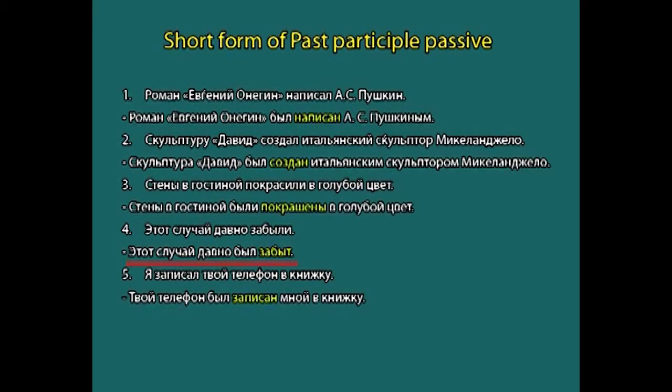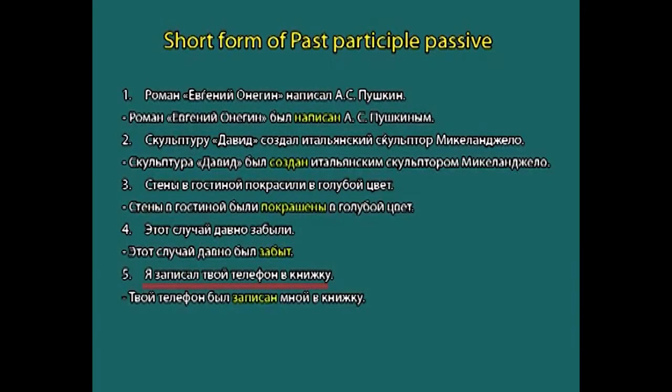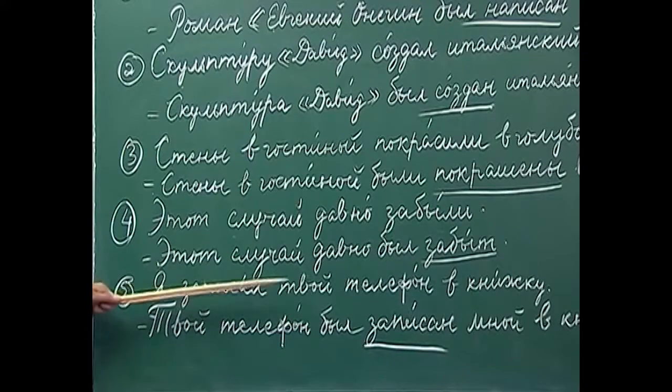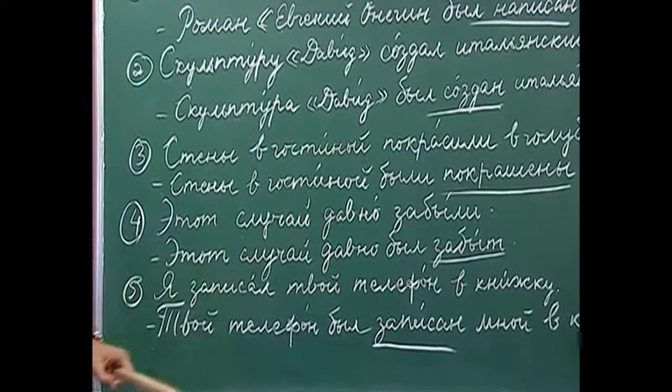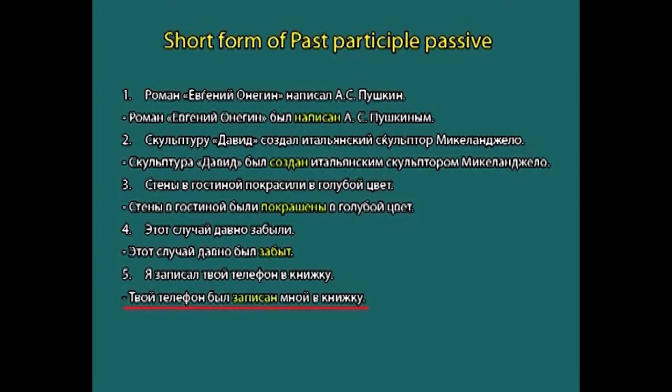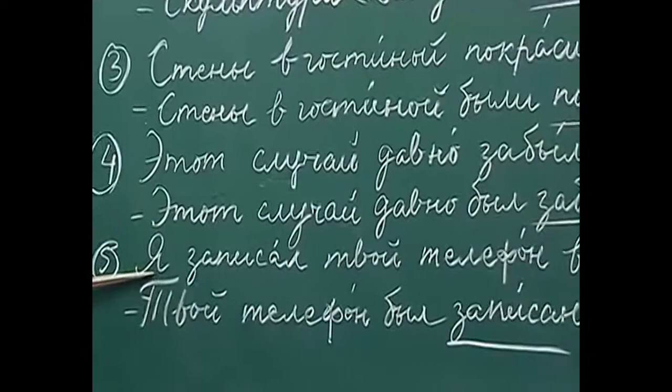And the last example we have is Ya zapisal tvoi telephone v knижku. I noted down your phone number in the book or a small book. Tvoi telephone bil zapisan mnoi v knижku. Here mnoi comes from the subject ya.